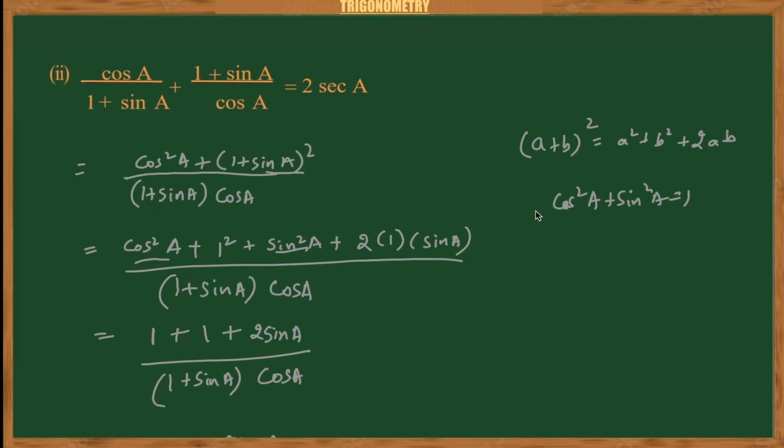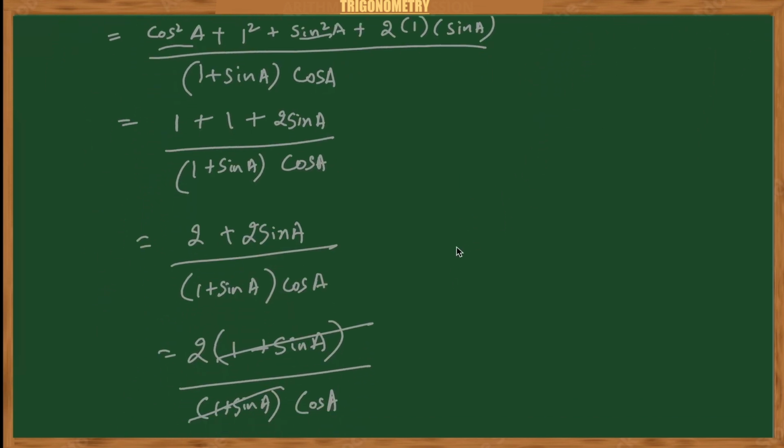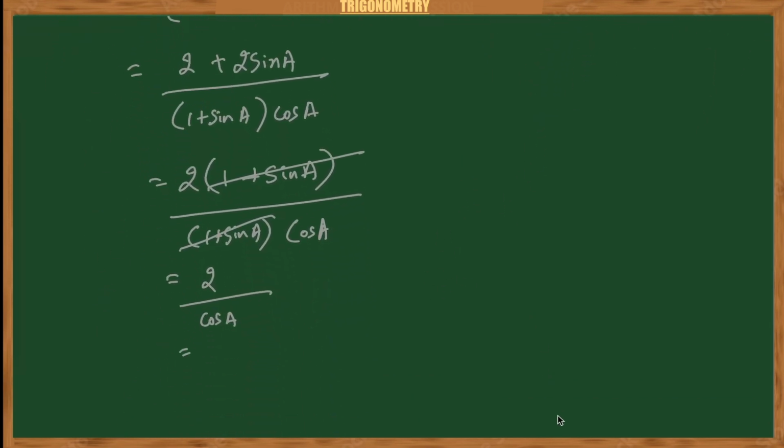So 2 of secant A. Okay, so we know what is secant. Secant is nothing but inverse of cos A. So we can put it as 2 secant A. So this is how we have solved this.